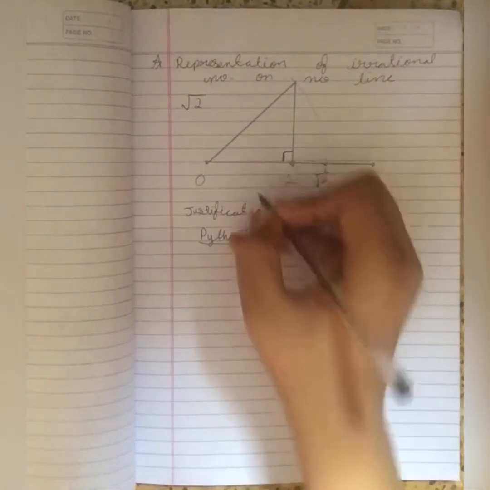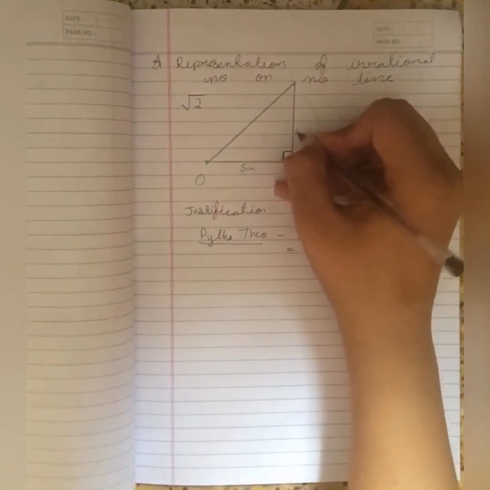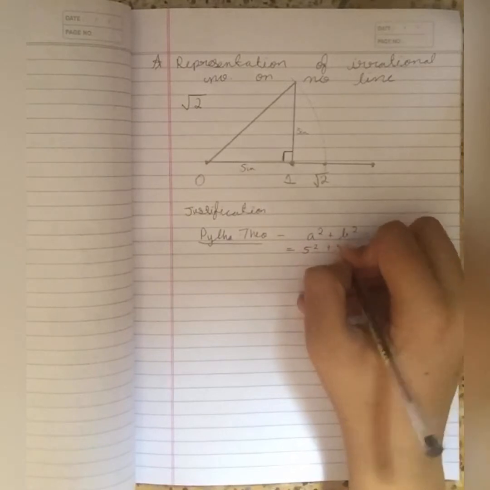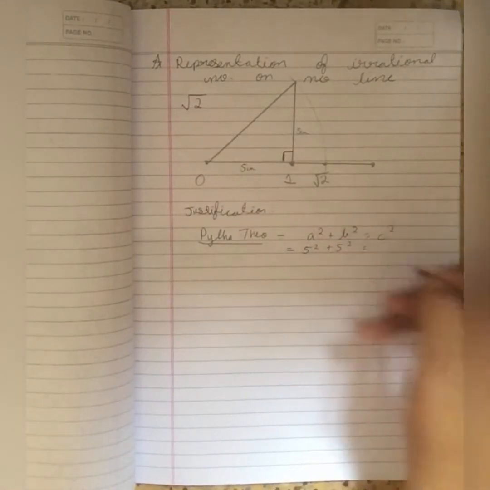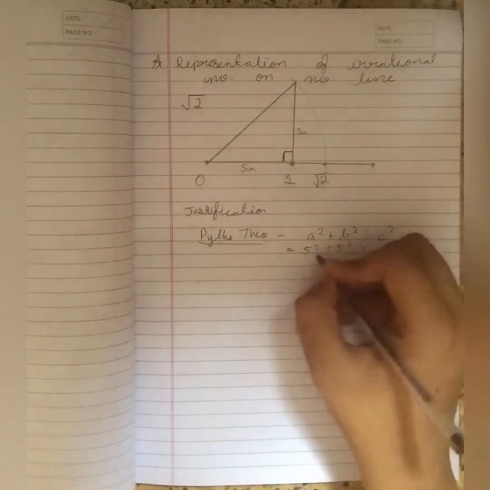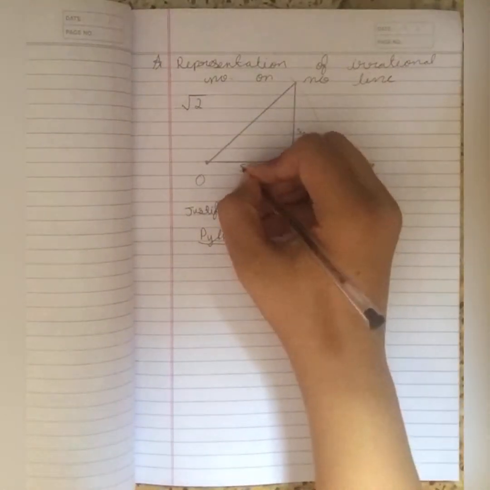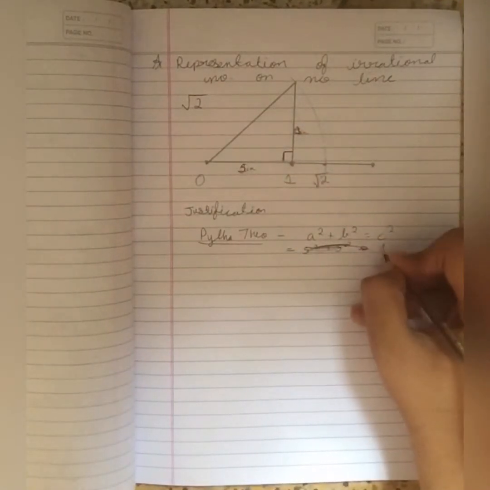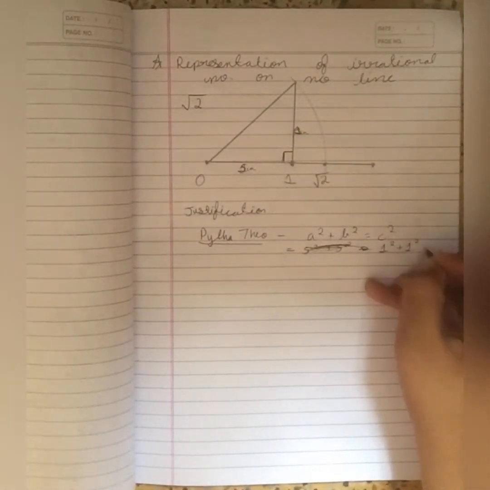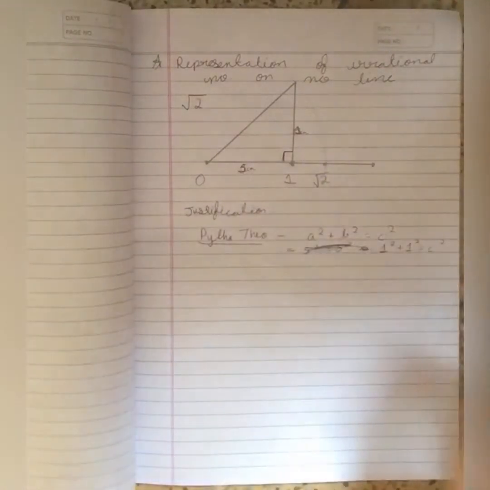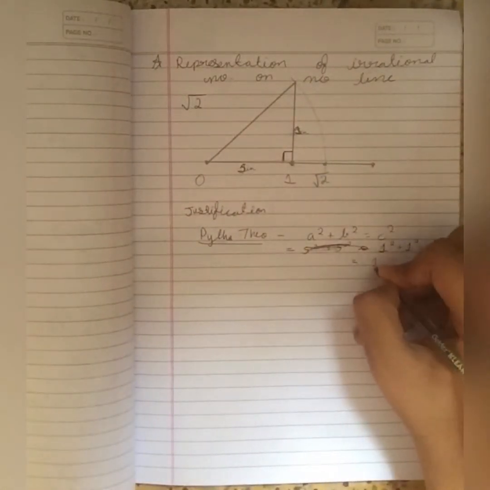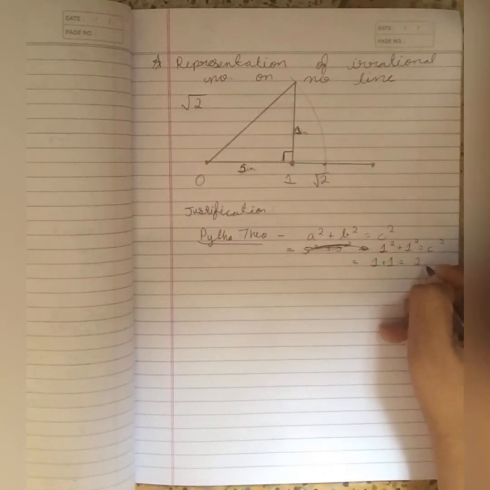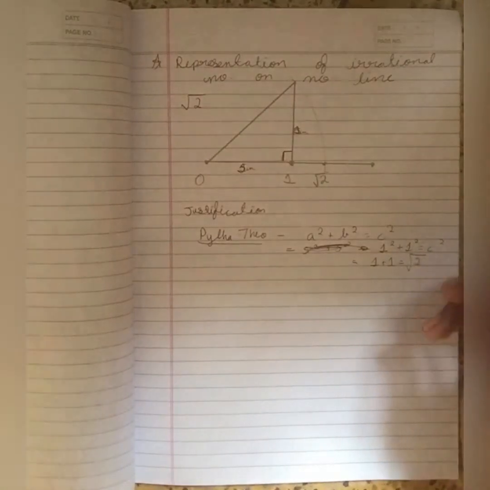So we've taken here 5 centimeters and this is also 5 centimeters. So 5 square plus 5 square is equal to, no, sorry, we'll take this as 1 unit. So 1 unit square plus 1 unit square is equal to c square, right? So what is the value of c square? Let's check. So 1 plus 1 is equal to 2, under root, right?